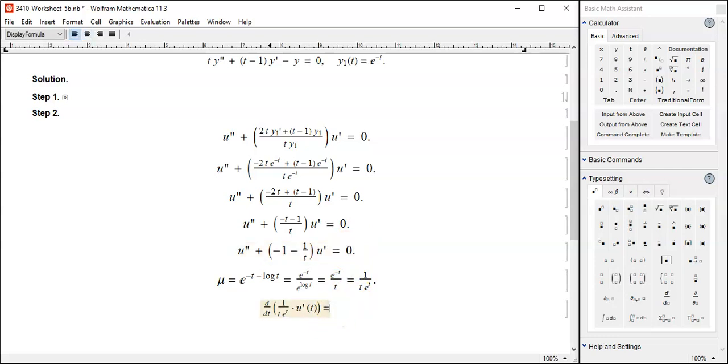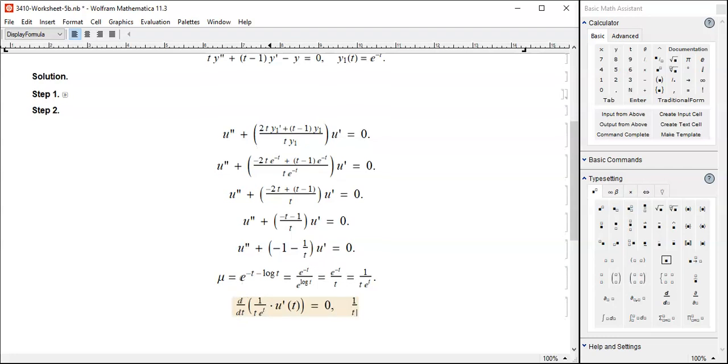So we have just equal to 0. Again, I have a lot of fractions here, so I'd like to have bigger font. Okay, let's take the antiderivative because this is really simple computation. Let's just go ahead. 1 over t e to the t power times u prime of t.